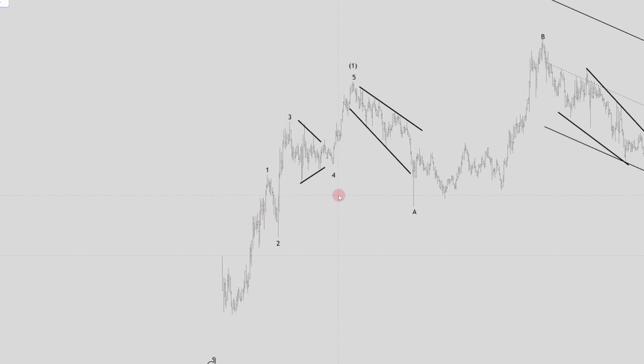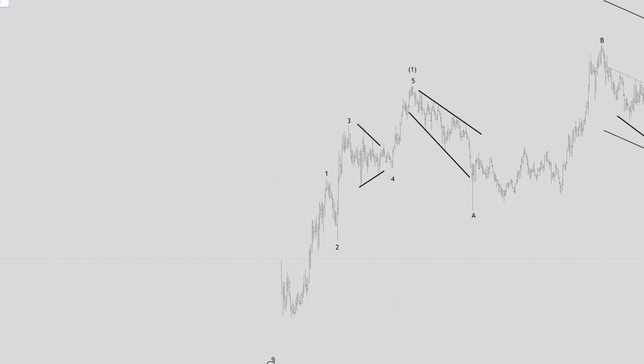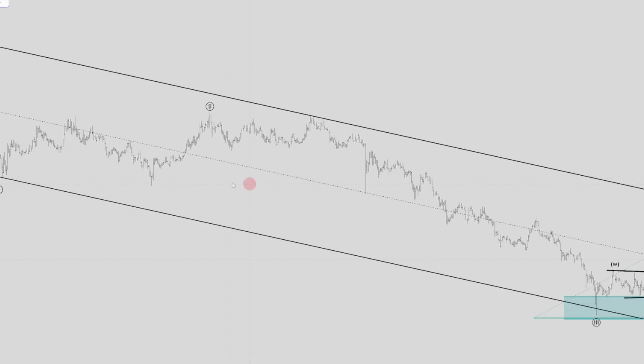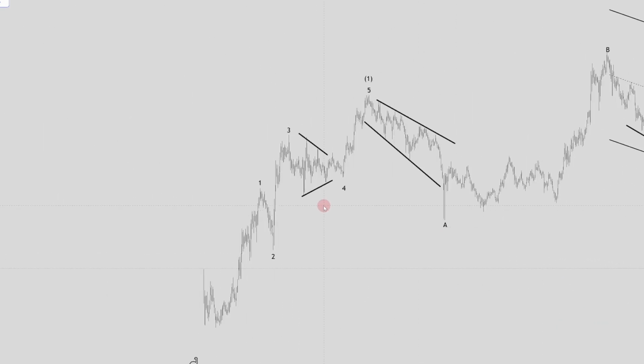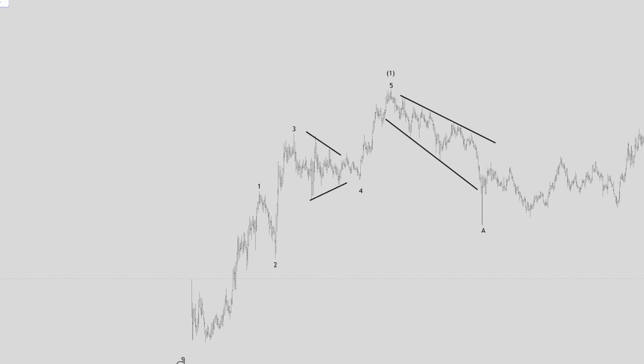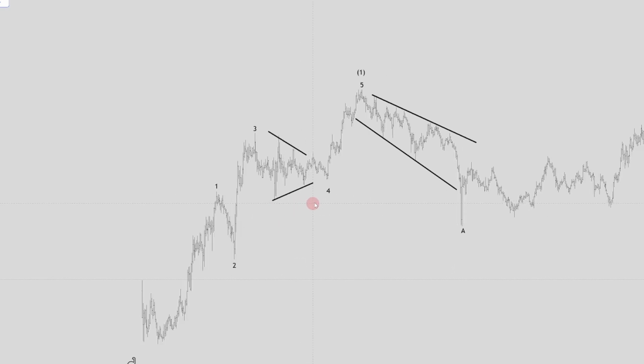But anyway, what I was going to show you guys, I'm just going to reduce this to the 12-hour time frame, is that this is a very rare occasion. Now look at this triangle. It clearly looks like a triangle. It has the contracting shape. As you can see, it's contracting, clearly a triangle.